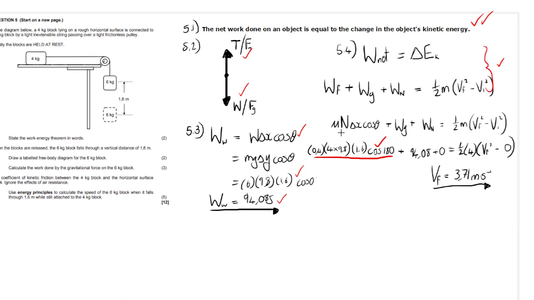If you would do that separately, you would still only get 1 mark for that. And then you have 1 mark for the substitution of the others, 1 mark for the substitution of the kinetic energy on the right-hand side values, 1, 2, 3, 4, and then 1 mark for the final answer. Okay, so now that is the work energy theorem question.